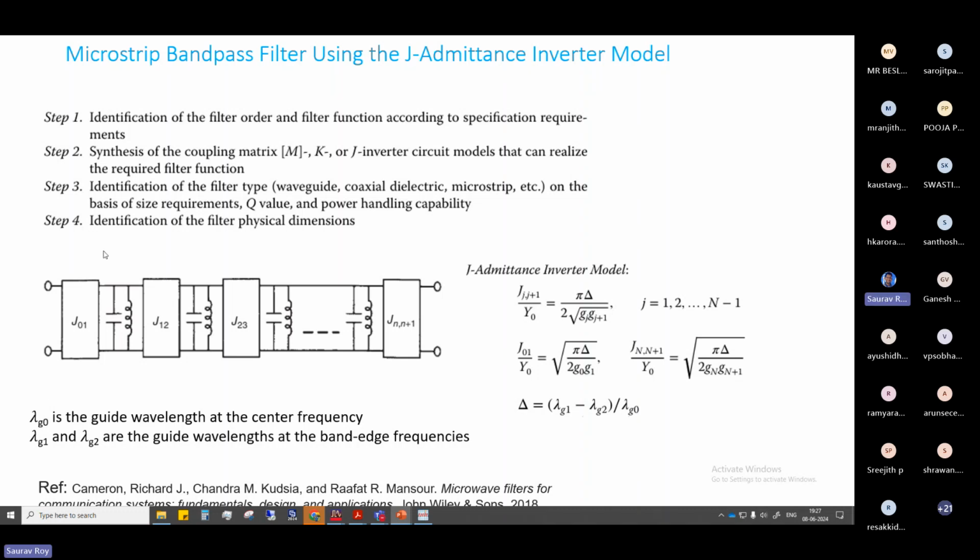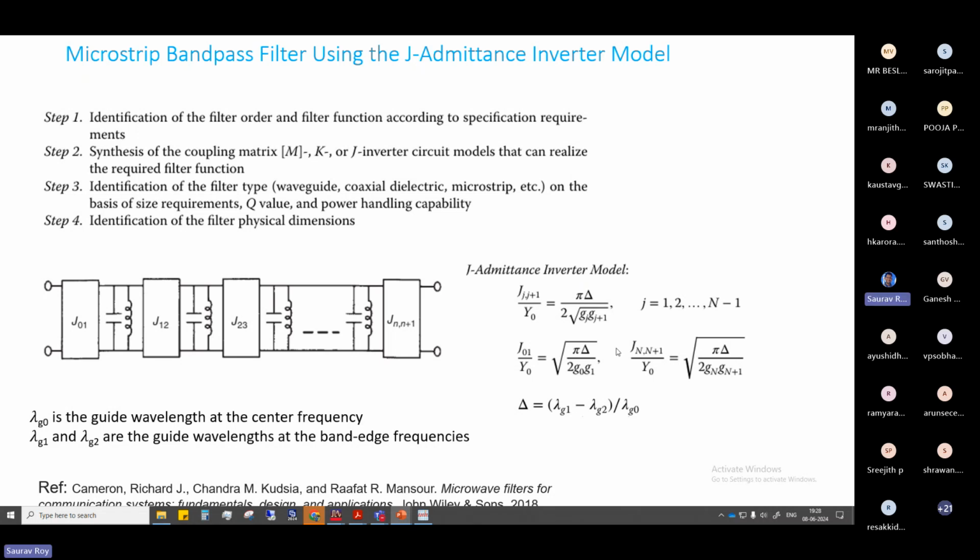The basic microstrip bandpass filter design using this J-type inverter, the schematic looks like this. You have multiple J-type admittance inverters connected, and you have L and C connected in between. That works like a resonator. It replicates a resonator, and that's where the bandpass filter comes from.